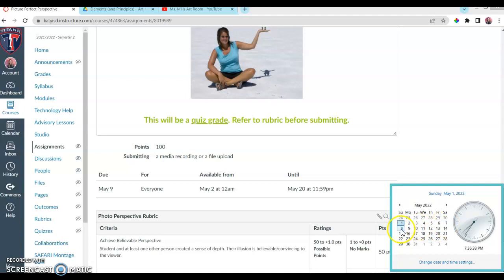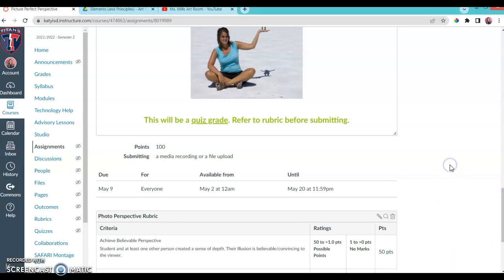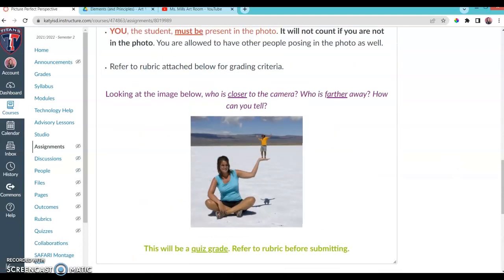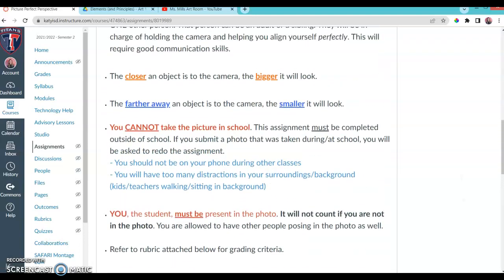So if you're not meeting quality and you did it at school or whatever happened, then it is what it is. No more feedback on the 8th, and obviously not the 9th because it's due. So if you're wanting to turn it in early, get that feedback, see if you need to fix anything, get it to me sooner. But it is essentially a whole week-long assignment, so you have plenty of time to get this done.